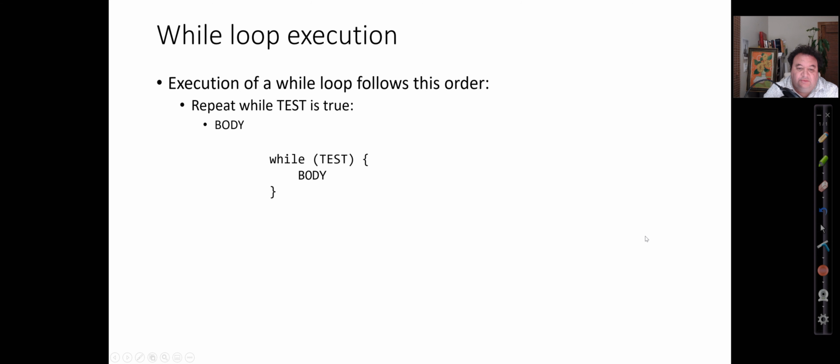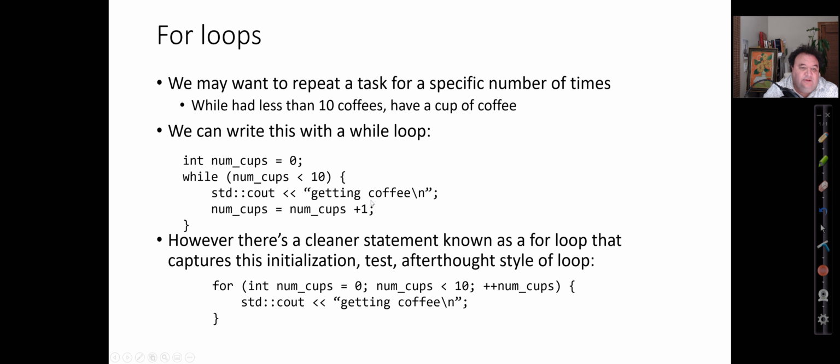This is the general structure: you have a test and the body of the test. So the way to have a loop that stops, say I want to take a certain number of cups of coffee instead of just repeating that. Here, I initialize number of cups to 0, and I test if the number of cups is smaller than 10.